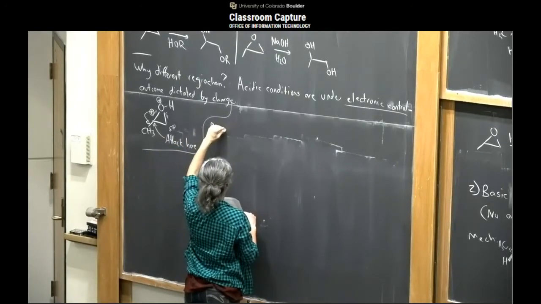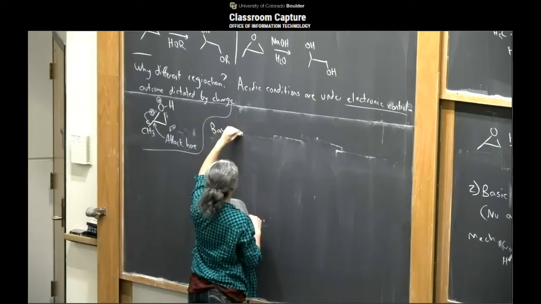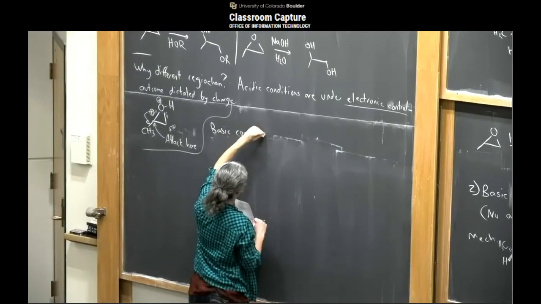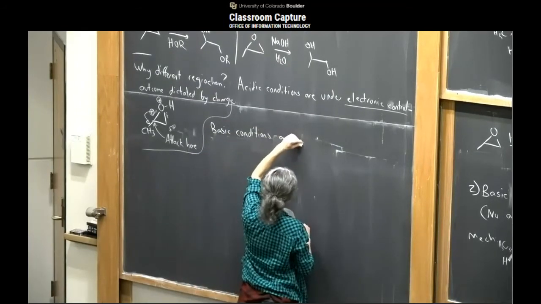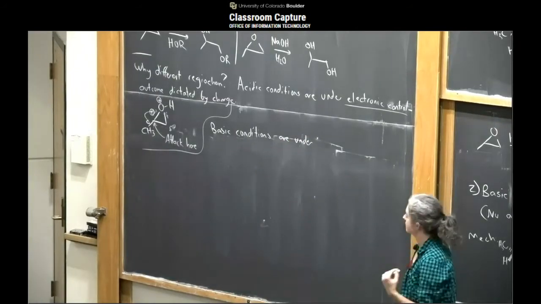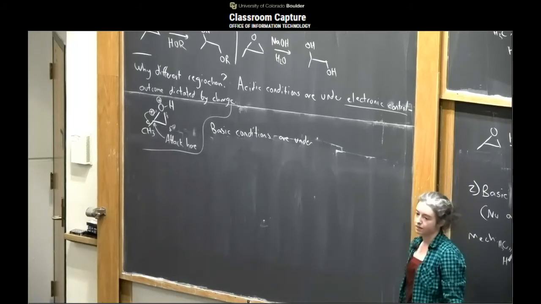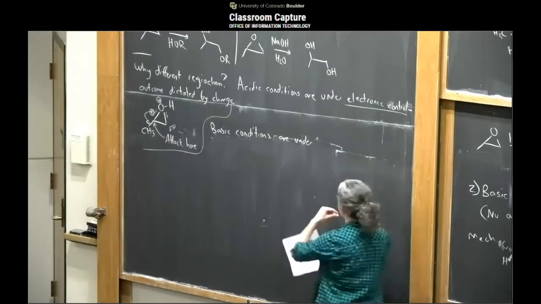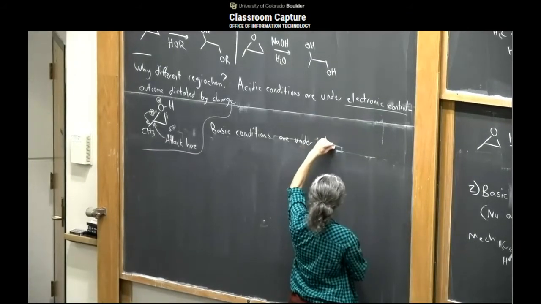Basic conditions don't have that. So what's going on here? Turns out the only factor that leads us to pick one or the other is sterics. So basic conditions are under steric control.